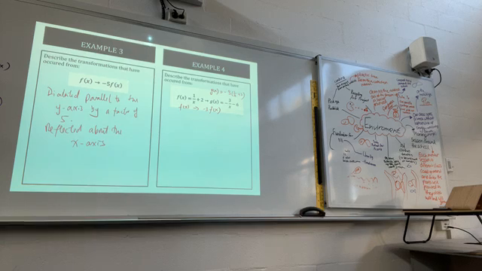So now f(x) is transformed to -3 f(x). So therefore, it's dilated parallel to the y-axis by a factor of 3 and then reflected about the x-axis. All right?